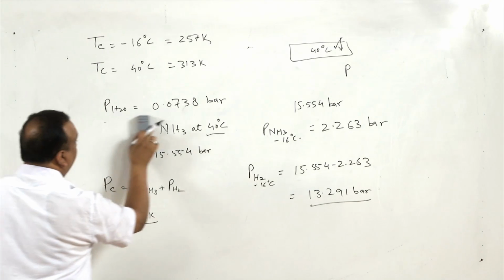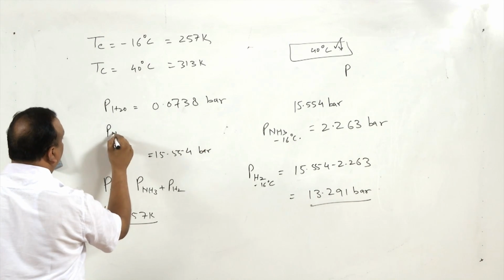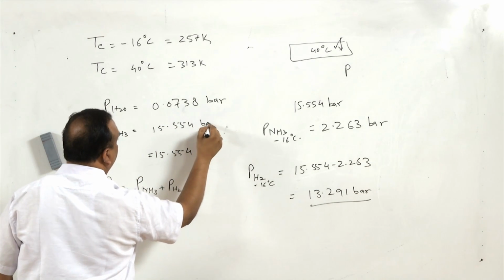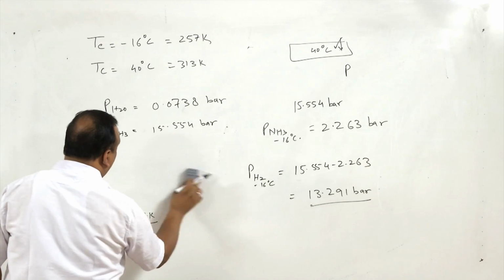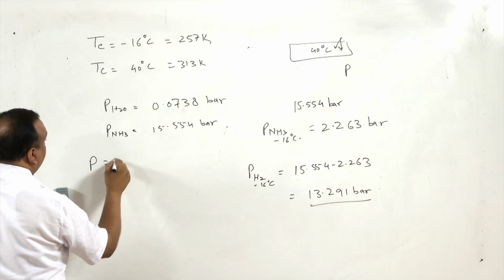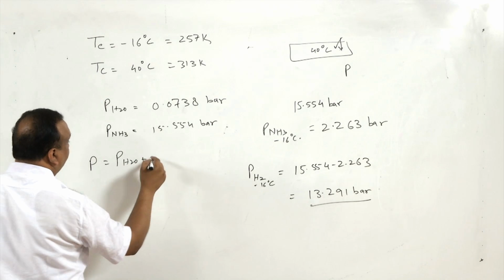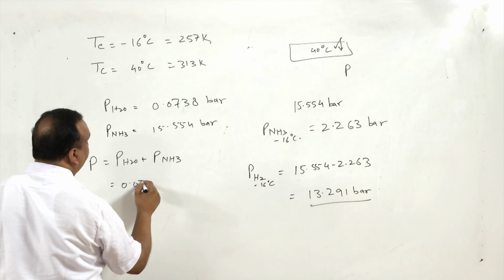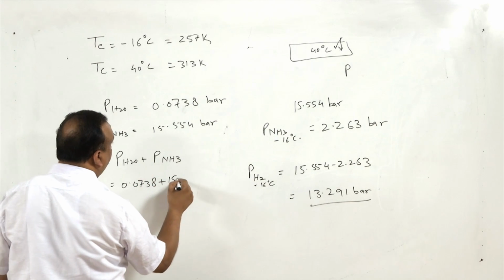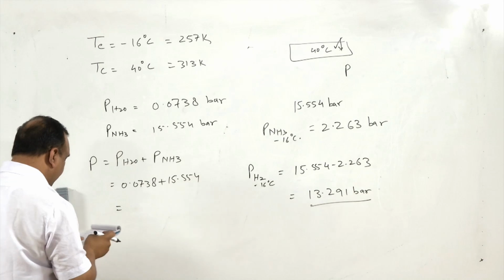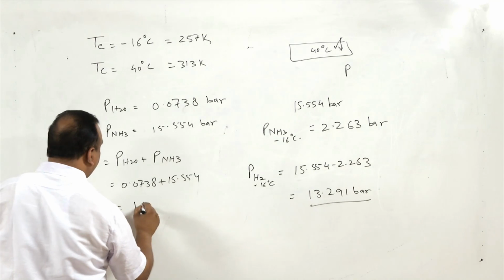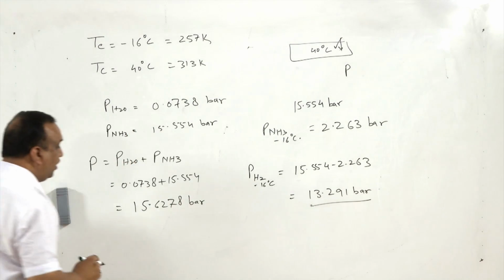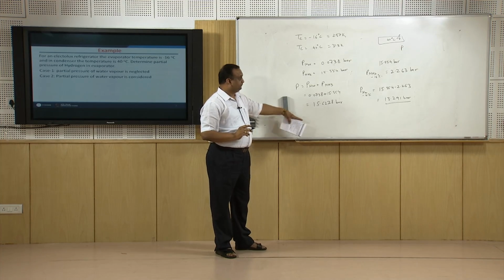It is the partial pressure of ammonia at 40 degrees centigrade, that is 15.554 bar, plus the partial pressure of water, because traces of water vapor are also present. If we add these two, 0.0738 plus 15.554, that will give the total pressure as 15.6278 bar. Now the total pressure of the system is going to be this much.